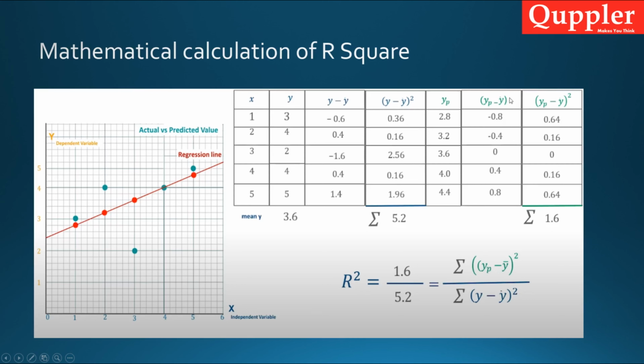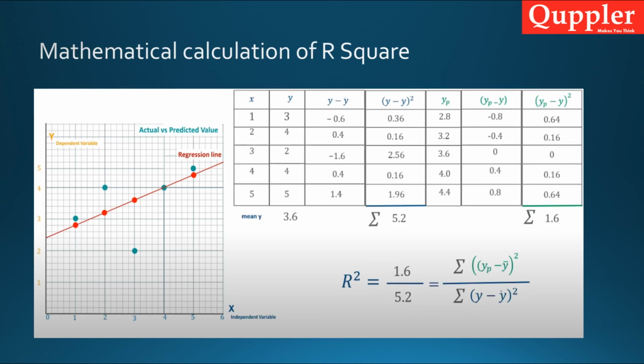Then we do a whole square of all the data points, and at last when we do the summation of it, we get 1.6. Now we have the summation of this as 1.6 and the summation of y minus y bar whole square as 5.2. So this is our R square.